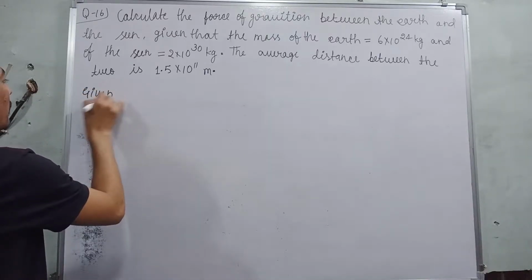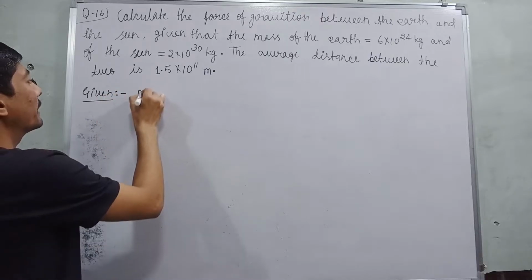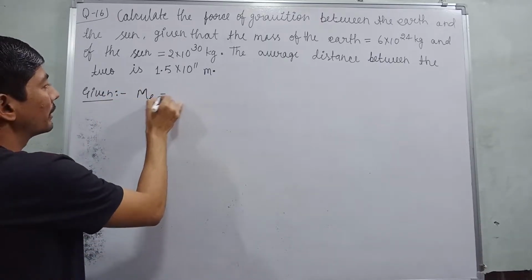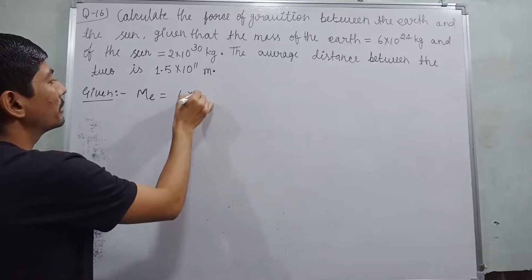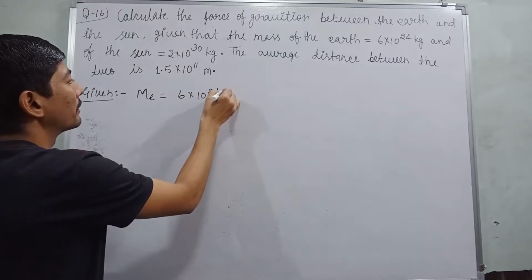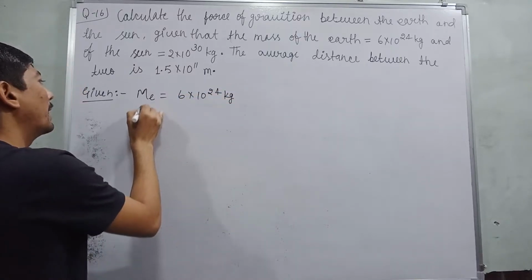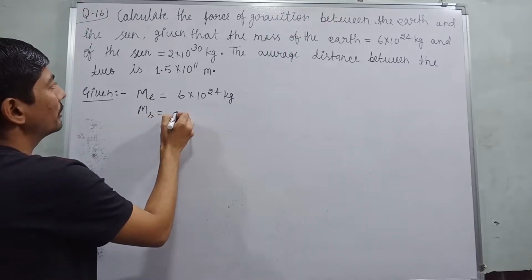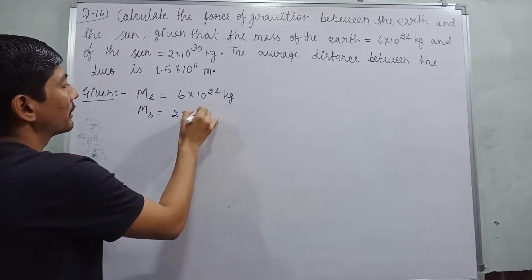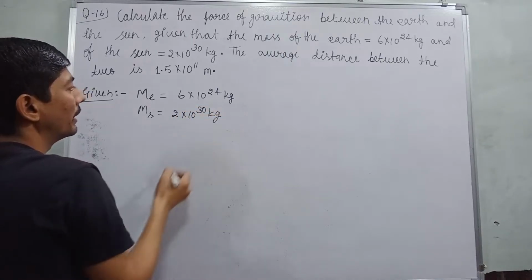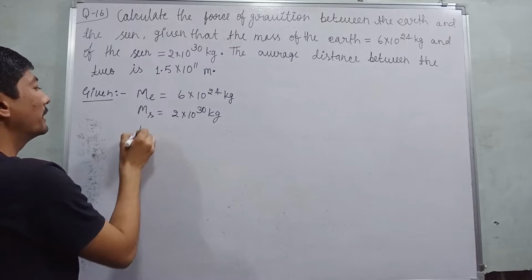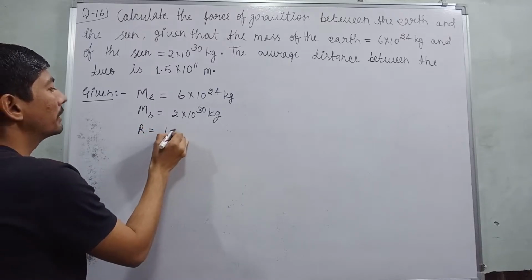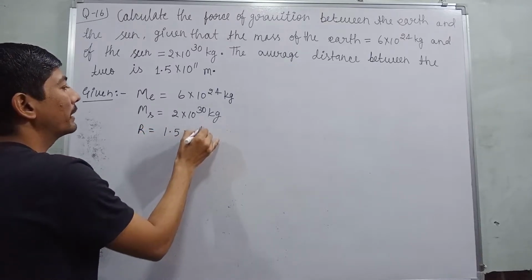Given: mass of earth is represented by Me, which is equal to 6 into 10 to the power 24 kg. Mass of sun is represented by capital Ms, which is equal to 2 into 10 to the power 30 kg. And the distance between them is capital R, which is equal to 1.5 into 10 to the power 11 meter.